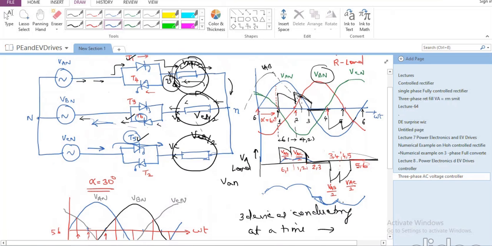And before concluding, one more thing I want to say is, if I want the current to flow in a resistive load in the case of a three-phase AC voltage controller, I have to have at least some overlap between one positive device and one negative device.